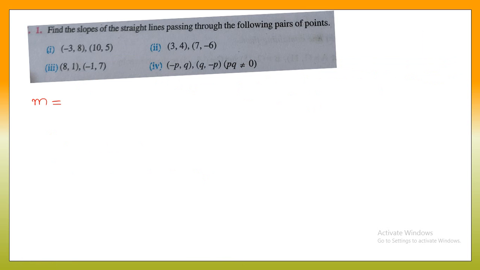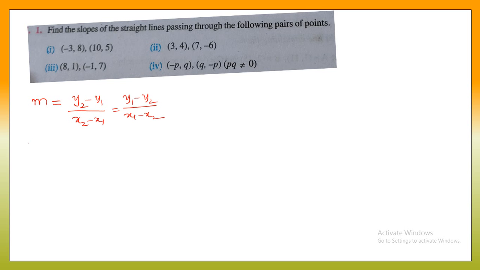The slope m is equal to the difference in y coordinates over the difference in x coordinates: y2 minus y1 by x2 minus x1. This can also be written as y1 minus y2 by x1 minus x2. Any one of the formulas you can make use of. The same order you should write in both the numerator and denominator.